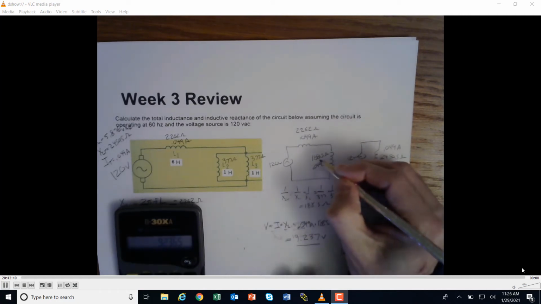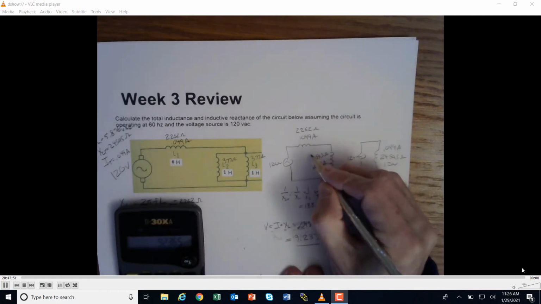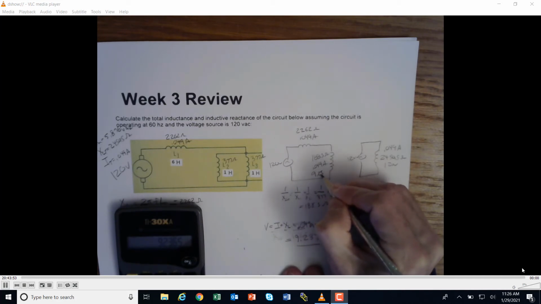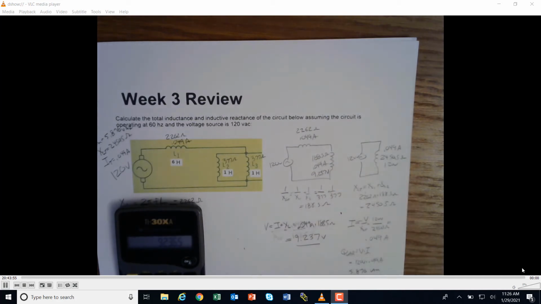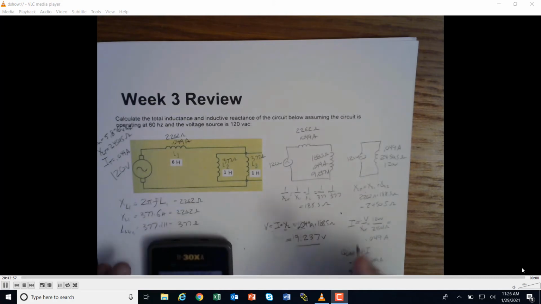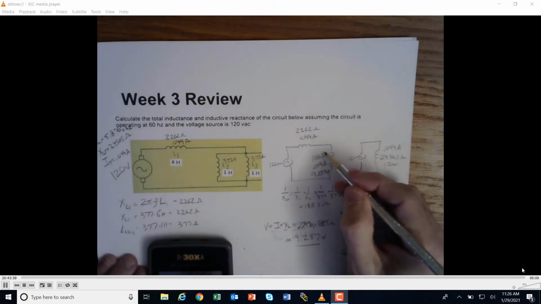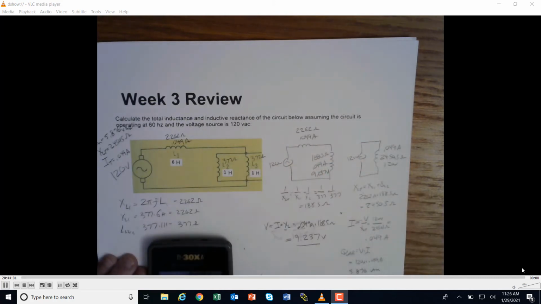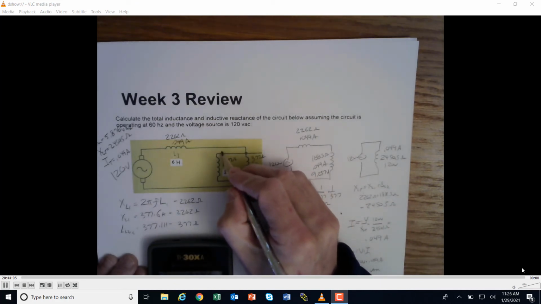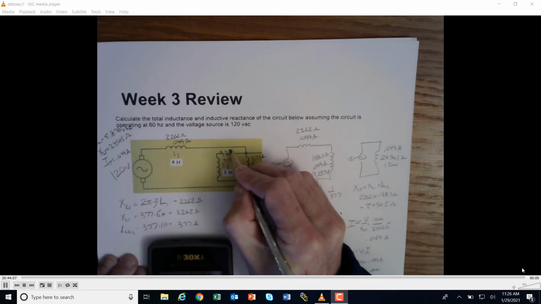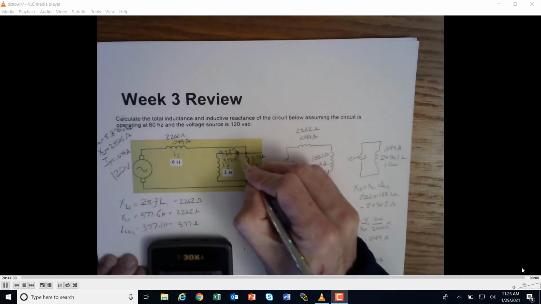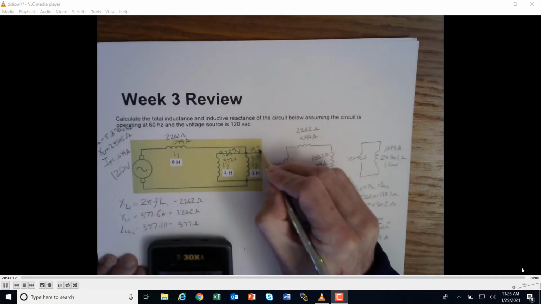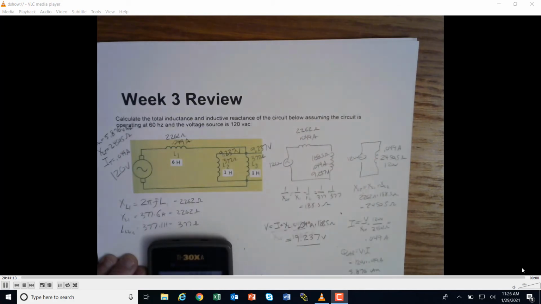Okay, so this right here is 9.237 volts. So when I back it up, I go from my reduction back to here. It's parallel. What stays the same? 9.237 volts. So this is 9.237 volts, and this one is 9.237 volts. There you go.